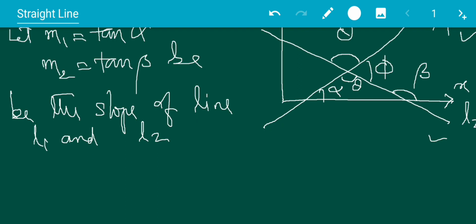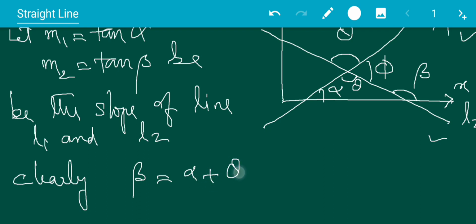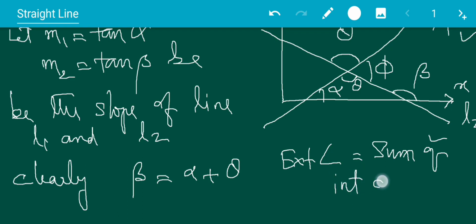From these angles we can see clearly that beta is equal to alpha plus theta, because the exterior angle is equal to the sum of interior opposite angles.